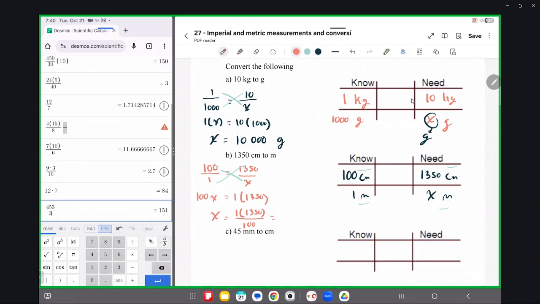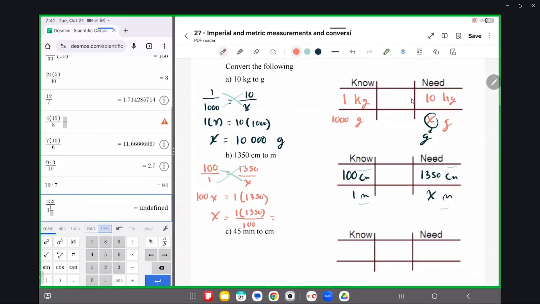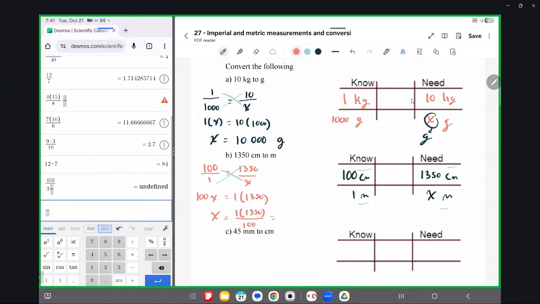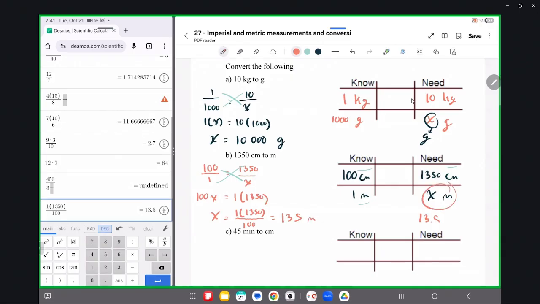At this point, you get the same amount of marks however you solve it. So this will be 13.5, and these are going to be meters.